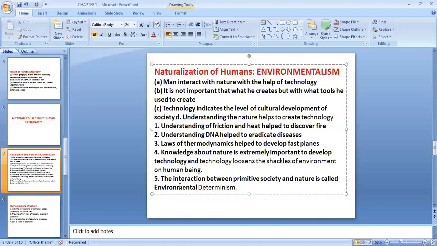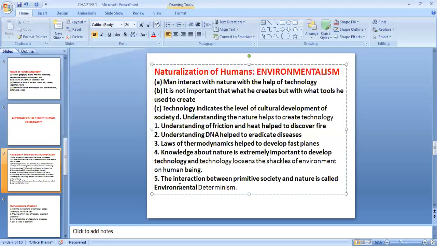And among German geographers, Immanuel Kant, then Alexander von Humboldt, Karl Ritter, and Friedrich Ratzel, all of them gave their contribution towards the naturalization of human. And out of all those scholars, one scholar is known as the father of environmentalism.